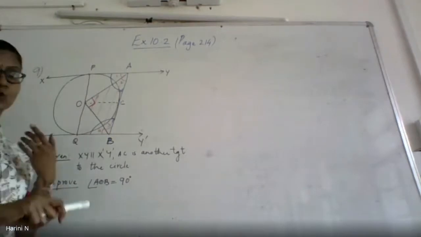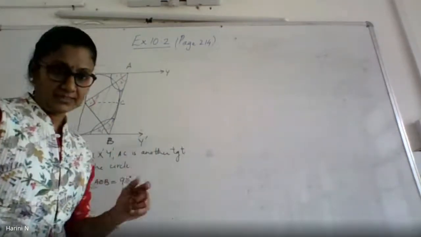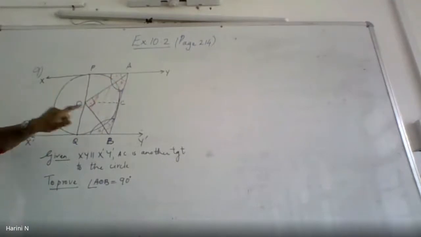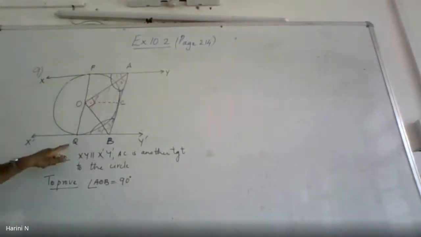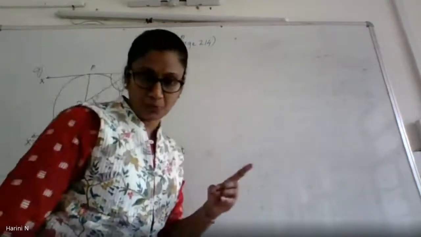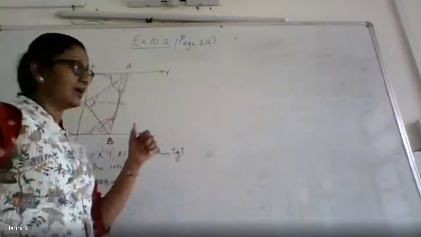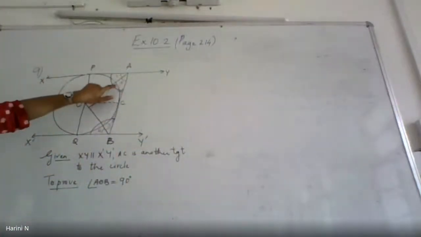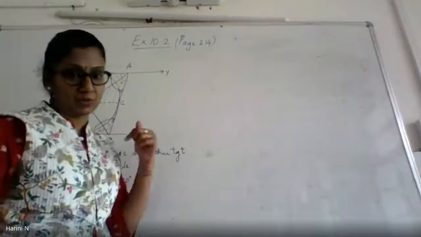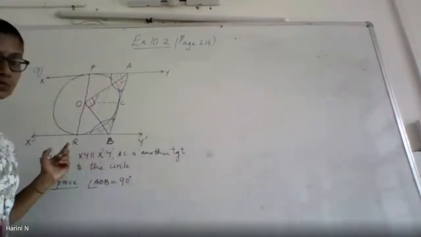So you understand so many arguments I have done. First I have used theorem 3 to show 1 is equal to 2 and 3 is equal to 4. Then I wrote PAC plus QBC is 180 degrees by using the parallel lines property. Then I substituted 2 times angle 2 plus 2 times angle 3 equals 180 degrees because 1 is equal to 2 and 3 is equal to 4.